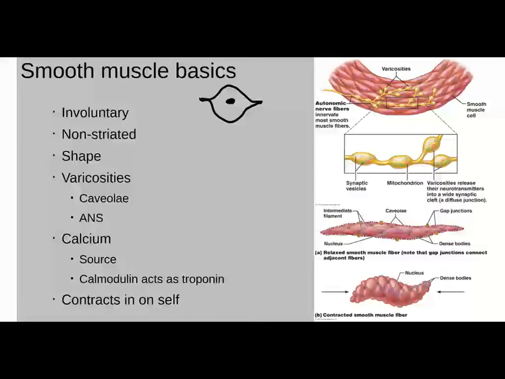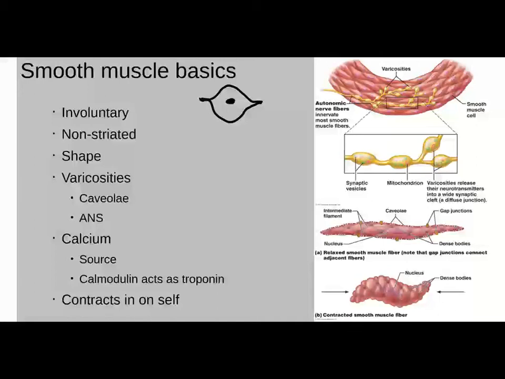Near these varicosities, along the surface of the smooth muscle, there are small pits called caveoli. Caveoli are just depressions in the smooth muscle, and in those depressions, there are special channels that allow calcium to go through. Normally they're closed, but when the neurotransmitters are released, those channels open and calcium actually comes into the cell from the outside.